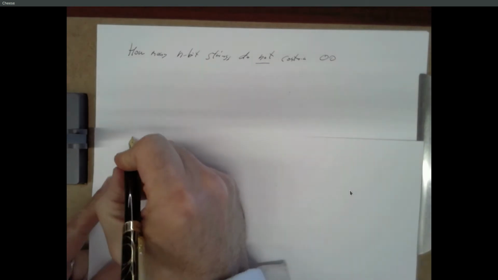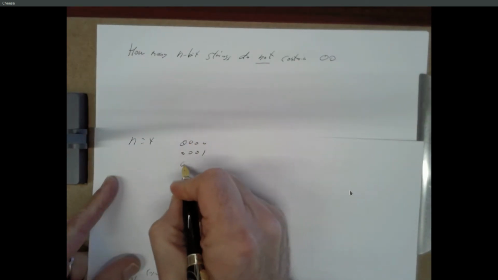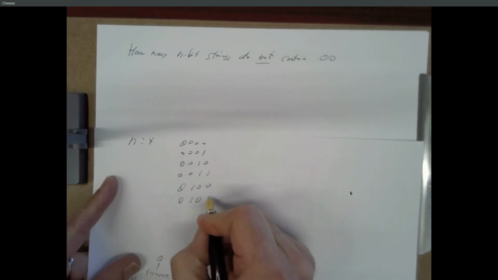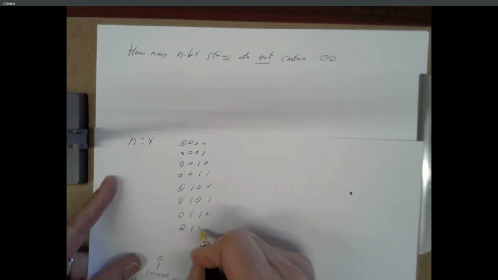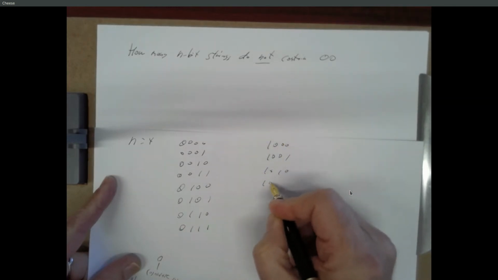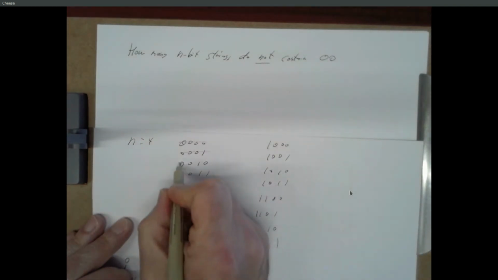So let's look at 4-bit strings. Everyone knows how to write these, right? All right, how many of these do not contain consecutive zeros? Well, let's find the ones that contain consecutive zeros.